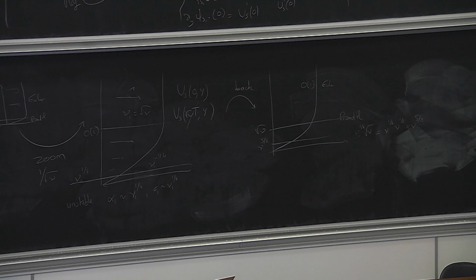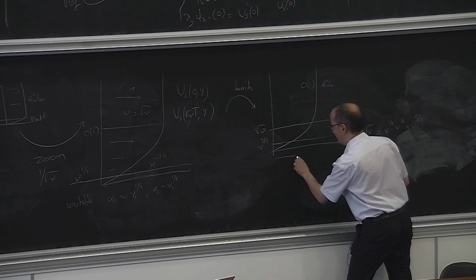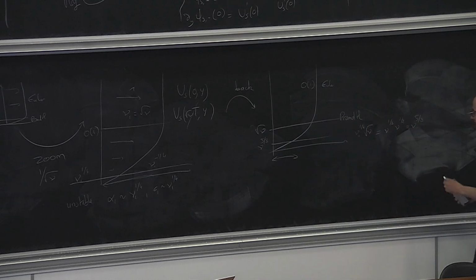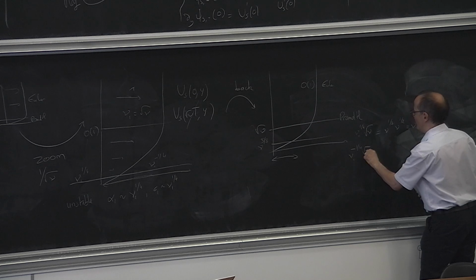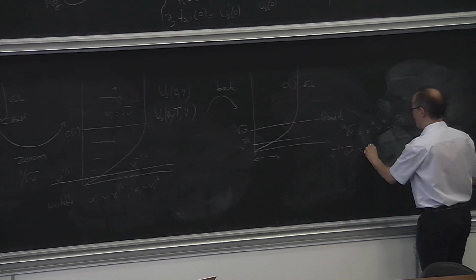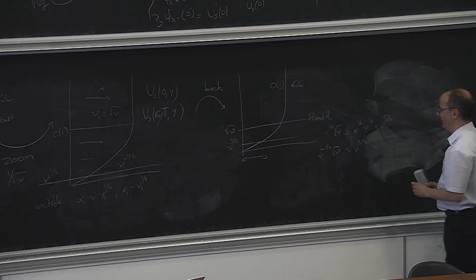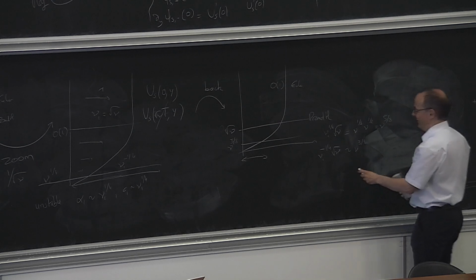Yeah, it should be smaller than 1. And on this side, then you have nu to the 1 minus 1/4, this time square root of nu, this time it's probably nu to the 3/8.